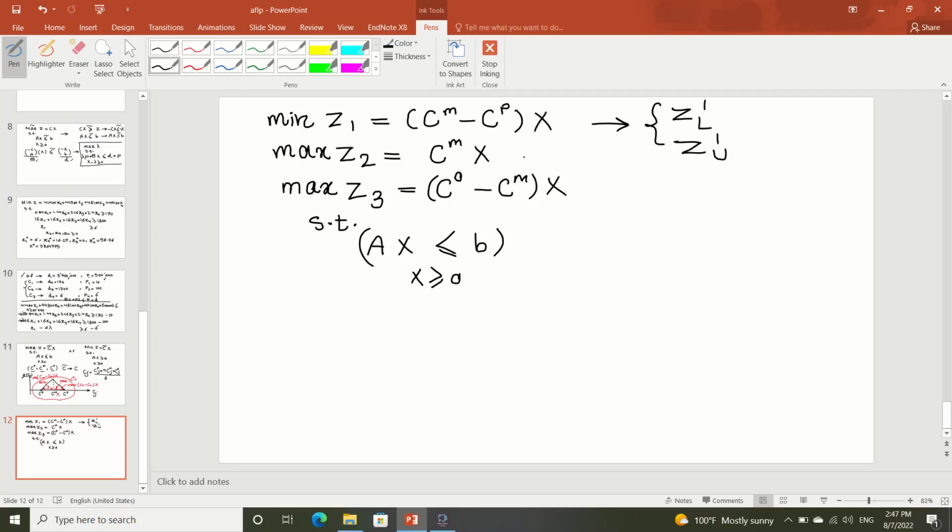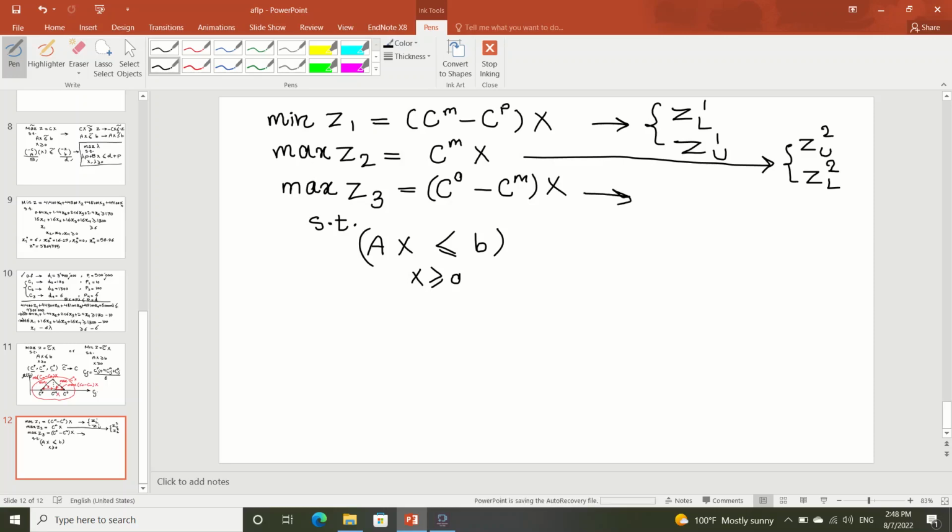And for the second objective function, you have ZU for maximizing Z2 and ZL for minimizing Z2. Once maximize Z2 is modeled and solved in order to obtain Z upper, and once minimum Z2 is modeled and solved in order to obtain Z lower for the second objective function.